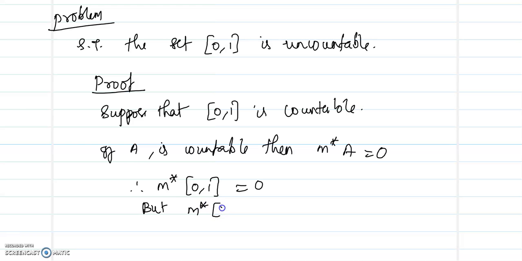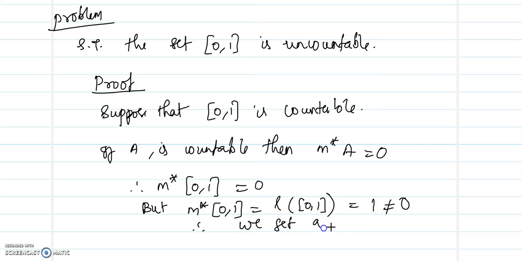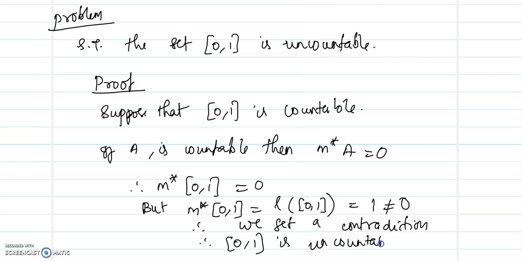So m star of 0, 1 will be equal to the length of closed interval 0, 1. So the length of an interval will be the difference of the endpoints. So the length will be equal to 1, which is not equal to 0. So therefore we get a contradiction. So therefore our assumption is wrong. Therefore the closed interval 0, 1 is uncountable. So using the outer measure, we can show that the closed interval 0, 1 is uncountable.